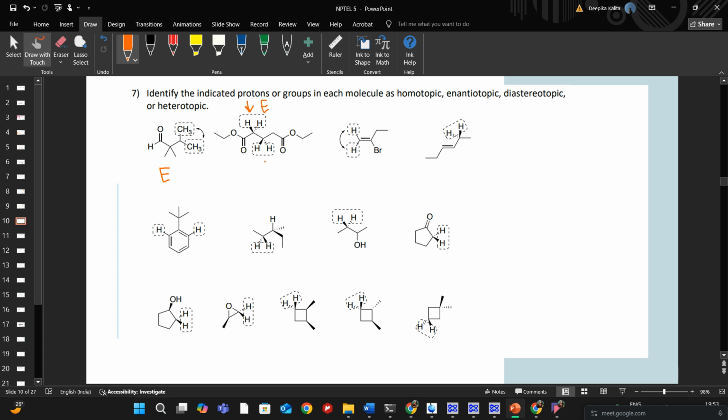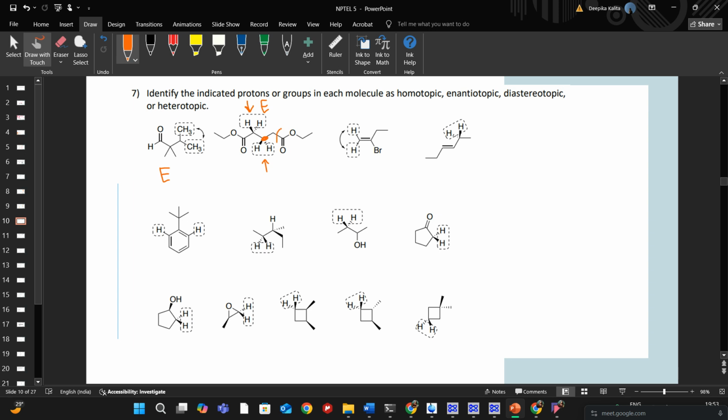And if we look at these two protons, we will know that this particular center is not chiral, okay? Because these are connected to these two identical substituent groups.